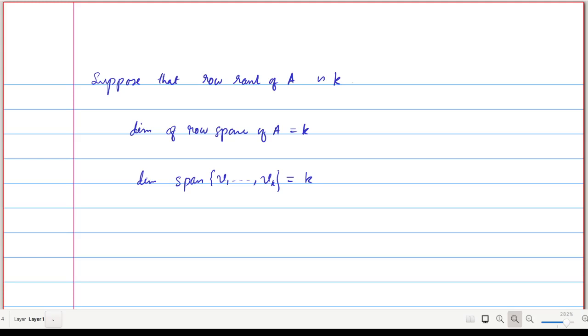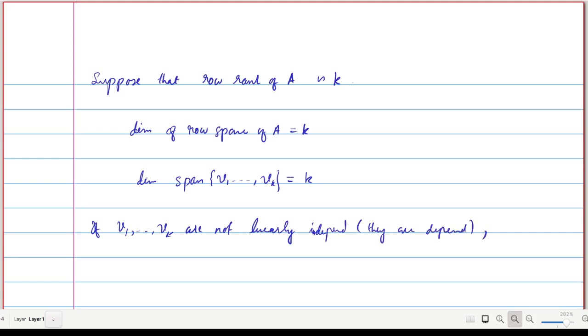We need to prove that these are linearly independent. If not, if v1, ..., vk are not linearly independent, that means they are dependent.